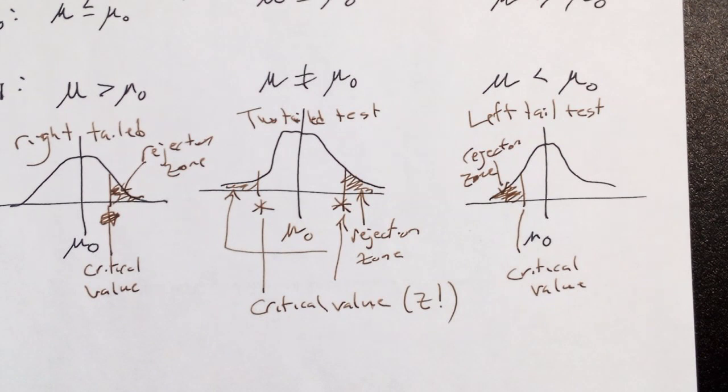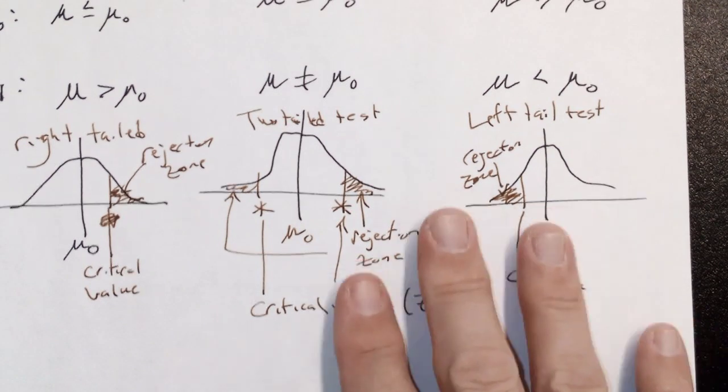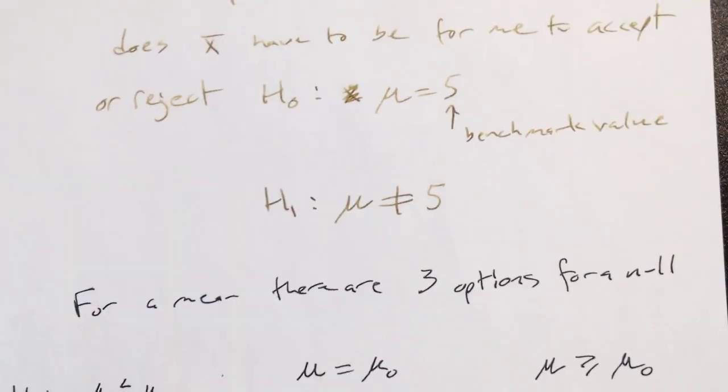A note. Up here, I said our assumption was that the average was 5. That's a two-tail setup.